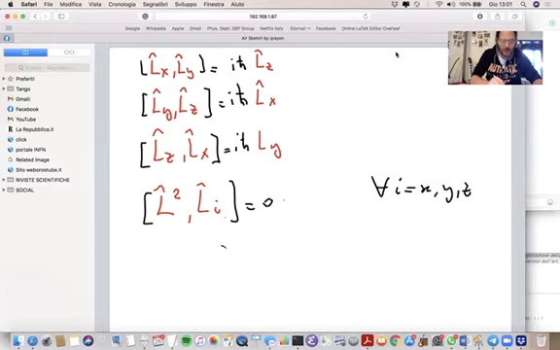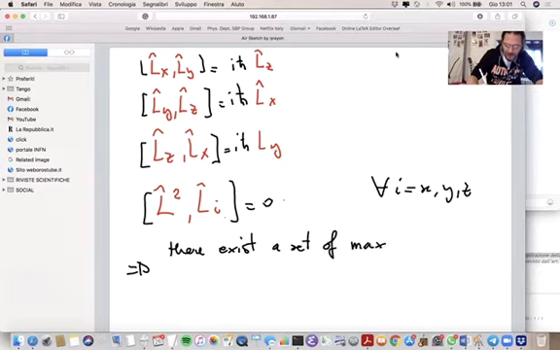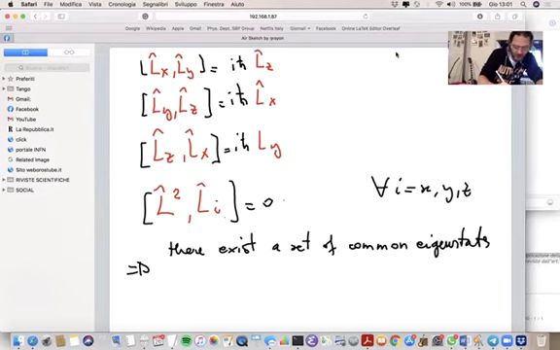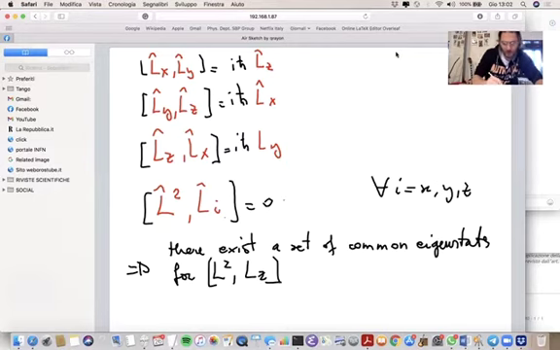So there is, in fact, a set of maximally commuting, a set of common eigenvalue states for L squared and say Lz, for these two operators.